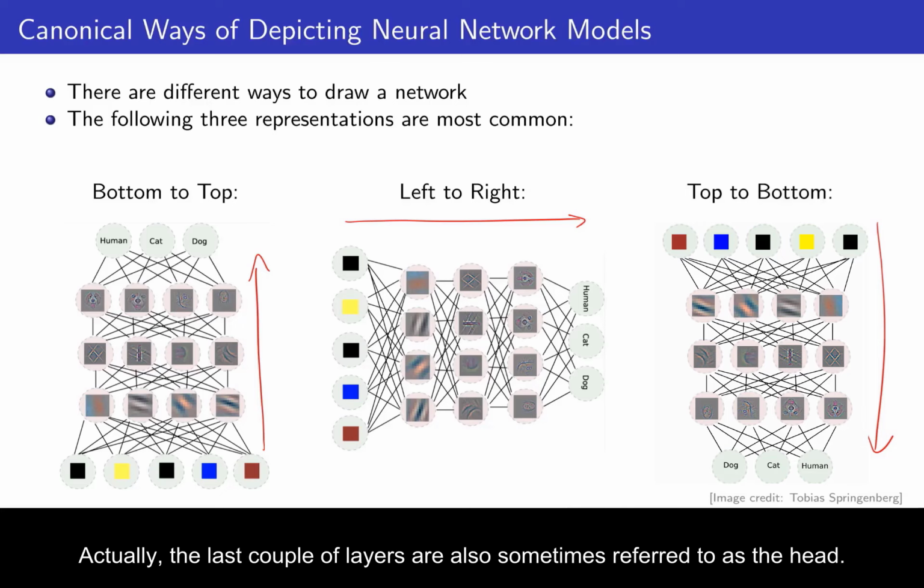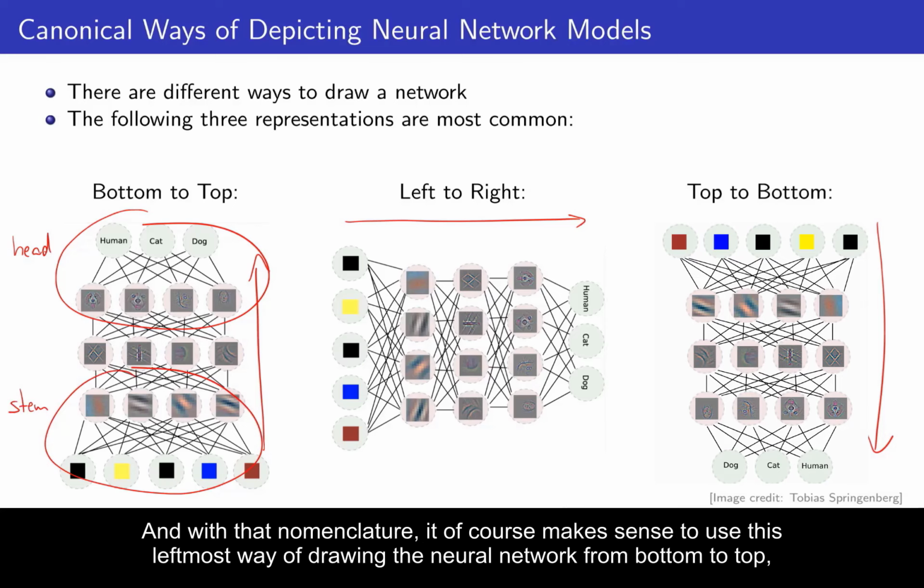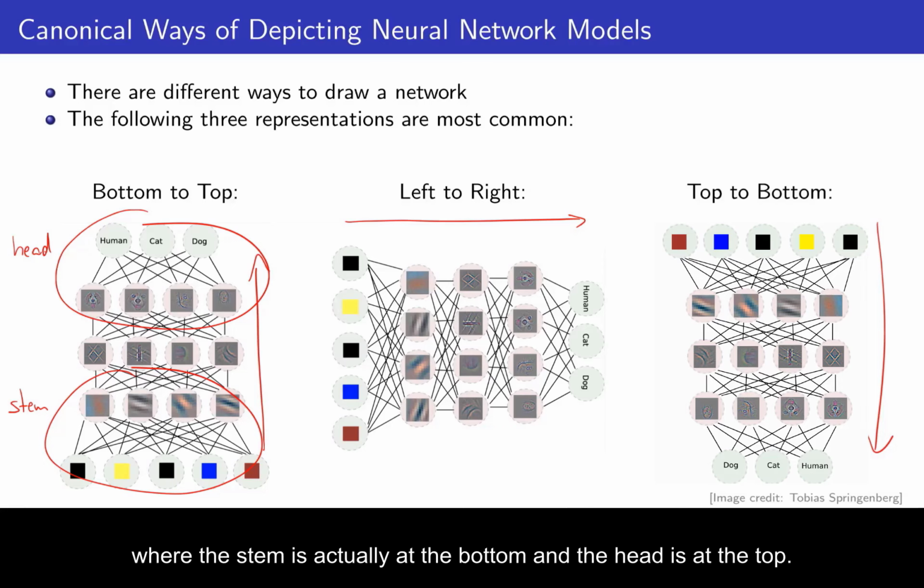Actually, the last couple of layers are also sometimes referred to as the head, and the first couple of layers are sometimes referred to as the stem of the neural network. And with that nomenclature, it of course makes sense to use this leftmost way of drawing the neural network from bottom to top, where the stem is actually at the bottom and the head is at the top.